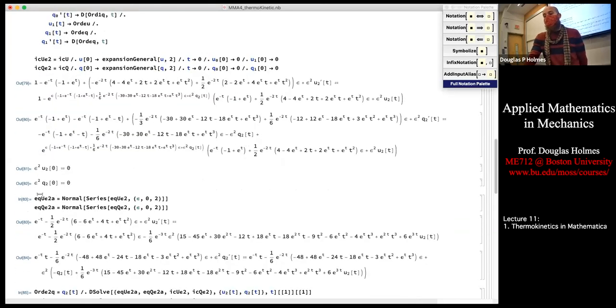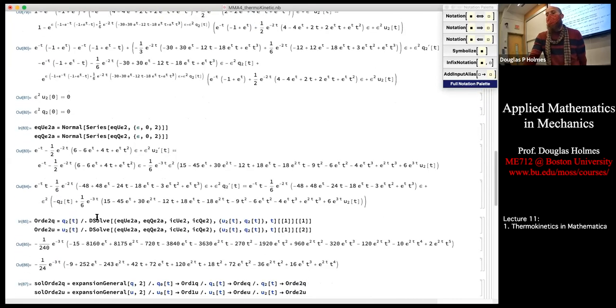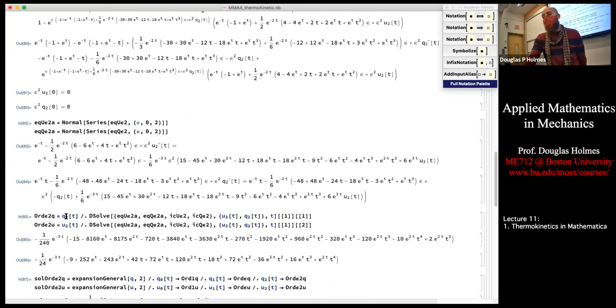Then the next step is truncate your series at order epsilon squared. So you have to take what we just did here, this awful stuff, and truncate it. Solve the differential equation for the only 2 unknowns that remain.